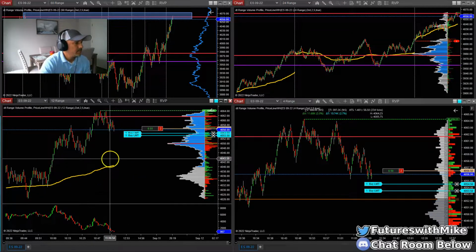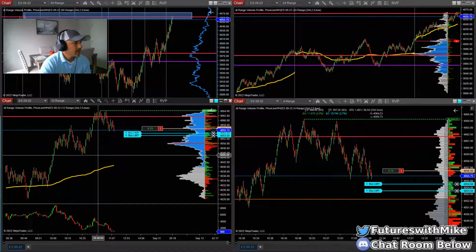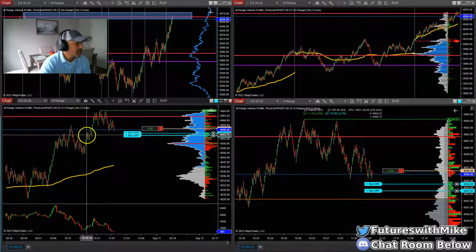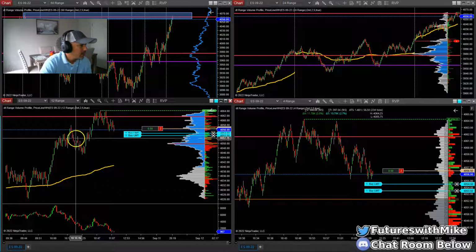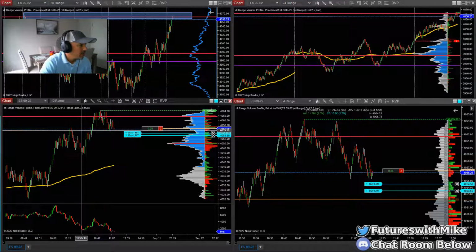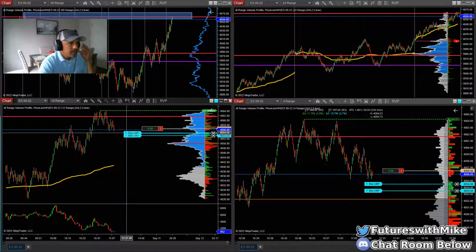Come on. This could be a supporting swing right here too, so I did not pay attention. Looking for it to push lower and hit my profit target, but it could bounce where it's at.